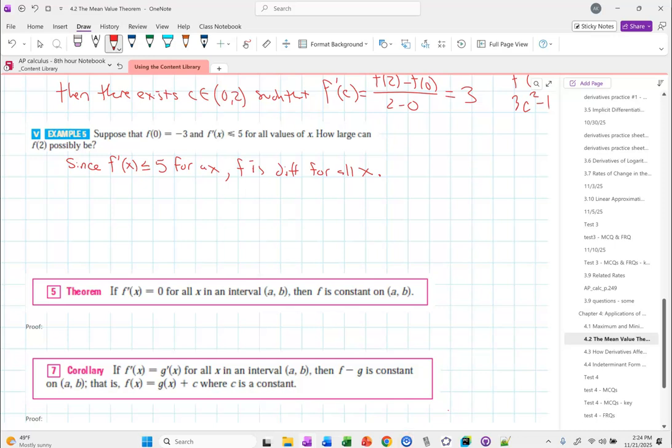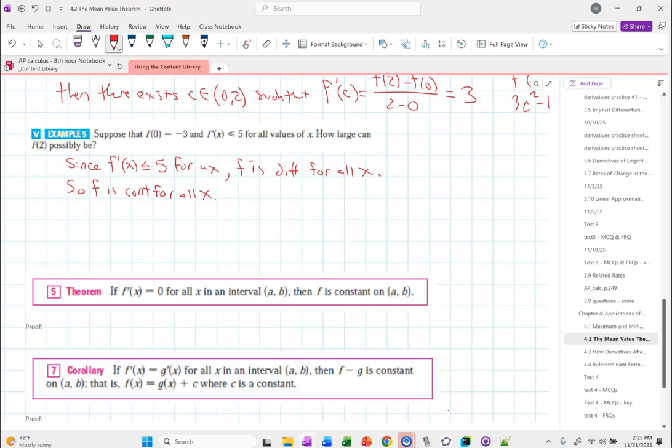If I get differentiability, what do I get? Continuity for free. Differentiability implies continuity. So f is continuous for all x. Those are my two conditions I need for the mean value theorem, right? Is it okay that I didn't define a closed and open interval here? Yeah, because I have it for everything, right?